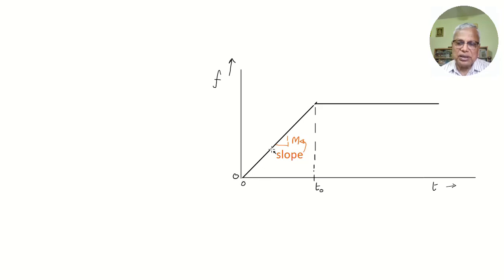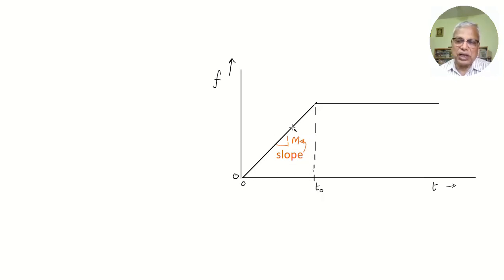this line is halted, stopped at this point at time t equal to t naught. This linear variation, or the ramp function, is stopped at time t naught. That is, this ramp input is terminated at t naught. So it does not vary after the time t naught.